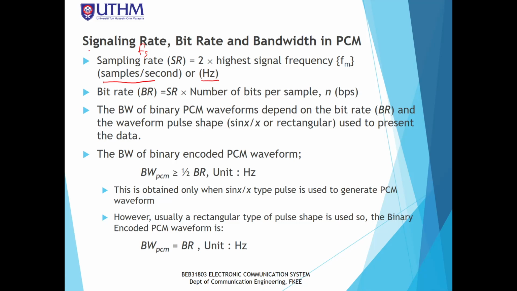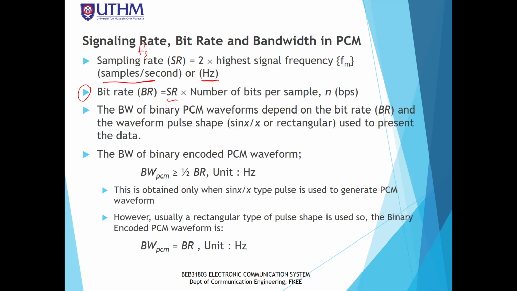Okay, and then the second parameter is the bit rate. So bit rate is defined as the speed of transmission. Bit rate ini adalah menggambarkan kelajuan penghantaran. Okay, bit rate is the speed of transmission, is equal to the sampling rate multiplied with the number of bit per sample.